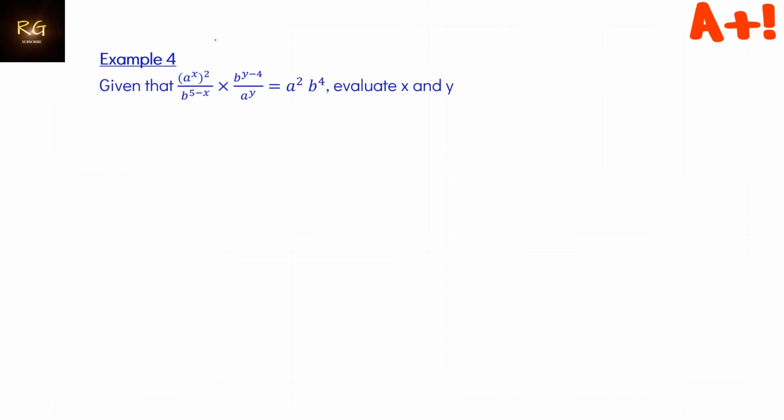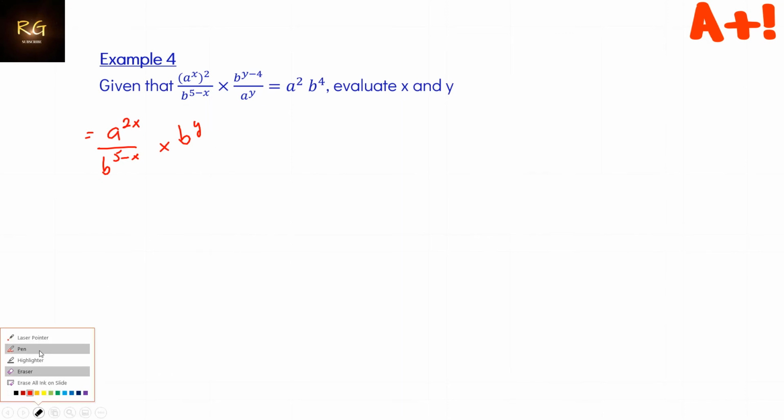Okay, let's try to simplify this first. First we need to expand the bracket, where it is going to be a to the power of 2x, since we need to multiply x and 2, and then rewrite everything else first. b to the power of 5 minus x times b to the power of y minus 4 over a to the power of y.